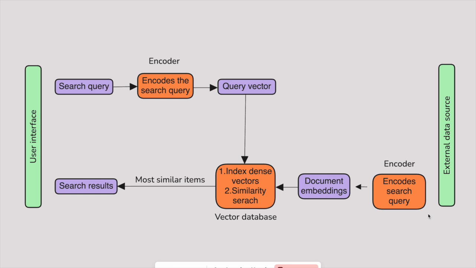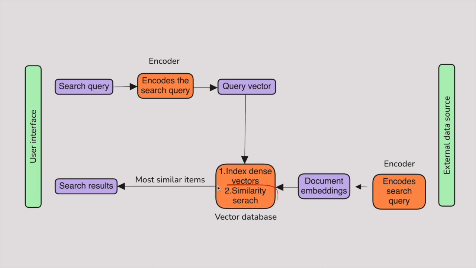So we get those data sources, those files or videos or pictures, and we run them through the encoder that encodes those documents and creates embeddings. Then those embeddings are stored in the vector database. The database is responsible for maintaining an index of the dense vectors, as well as performing a similarity search.